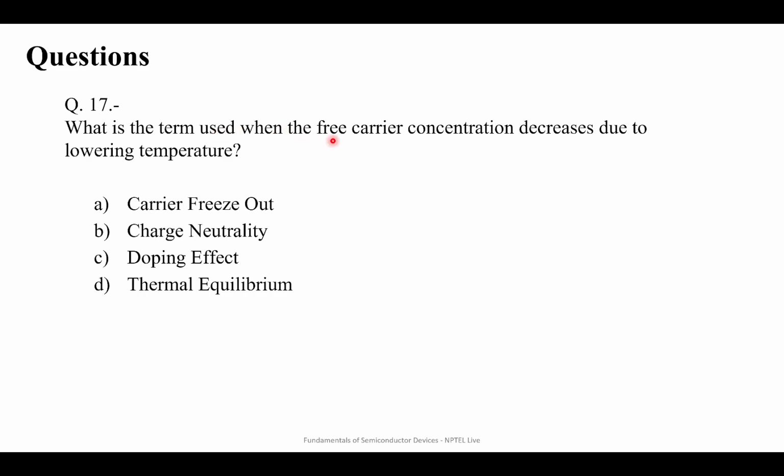What is the term used when the free carrier concentration decreases due to the lowering of temperature? Carrier freeze out, charge neutrality, doping effect, or thermal equilibrium.